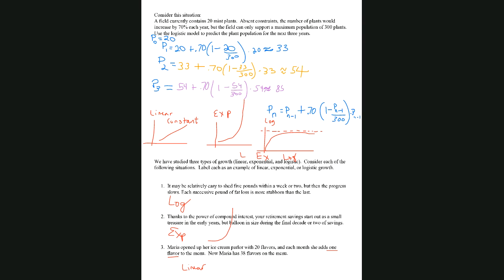So after the first month, we will have 21 flavors. After the second month, we will have 22 flavors. After the third month, 23 flavors, and so on. So that's definitely linear.